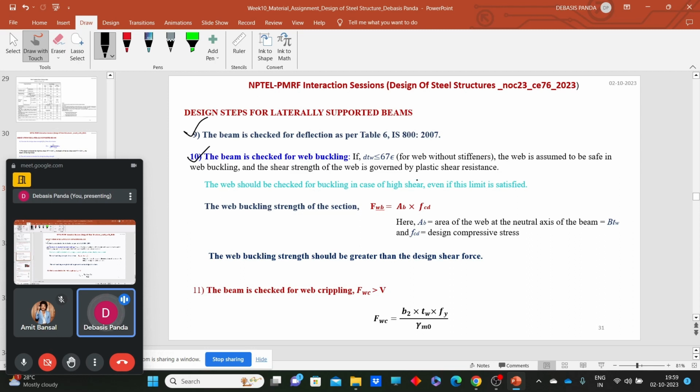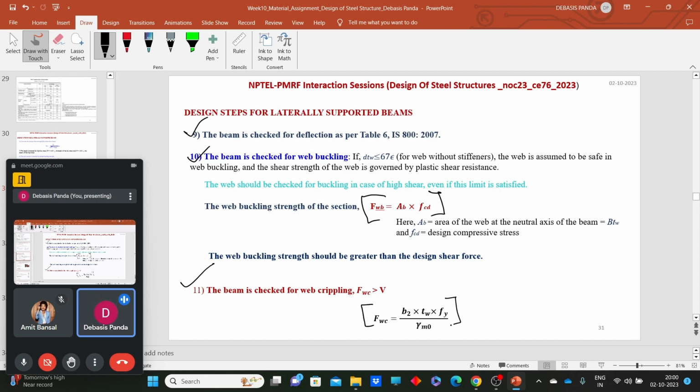Web buckling strength, how can we calculate it? We have just seen that FWB can be calculated as AB into FCD. Then lastly, we need to check for web crippling, and the web crippling strength FWC.